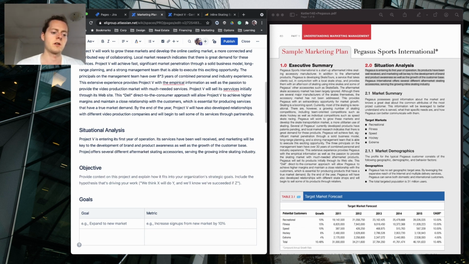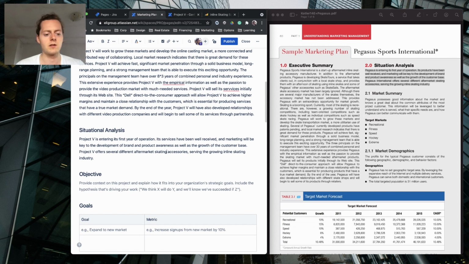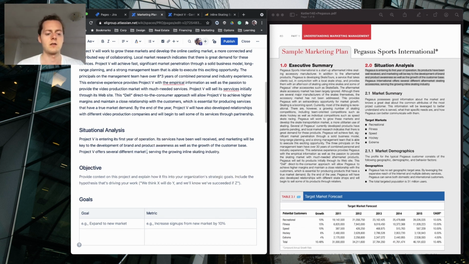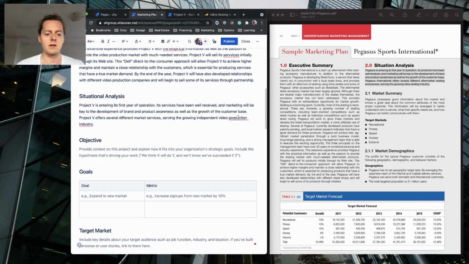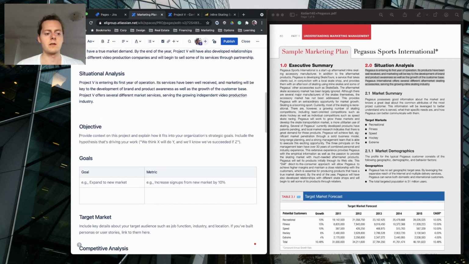Project V offers several different market services serving the growing independent video production industry. I like it. Cool. So let's go further, and that's going to be market summary 2.1.